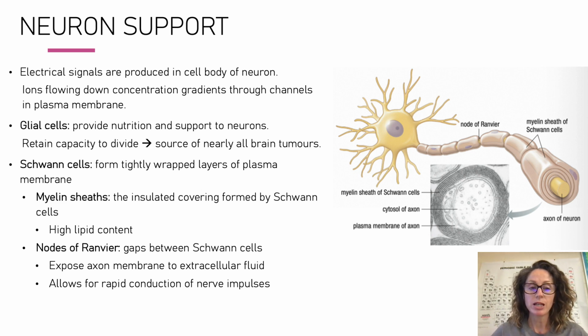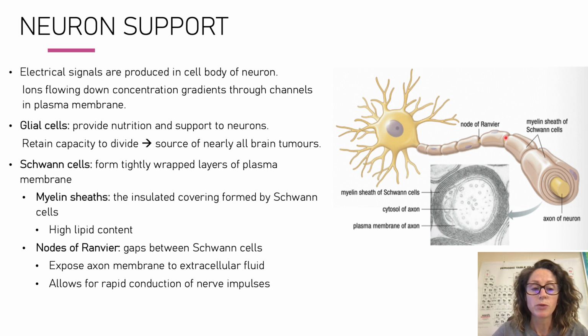They're produced in the cell body of a neuron. So again, this part of the neuron. Ions are going to flow down their concentration gradients through channels in the plasma membrane. And it's going to happen between here and here and here and here at these specific spots.